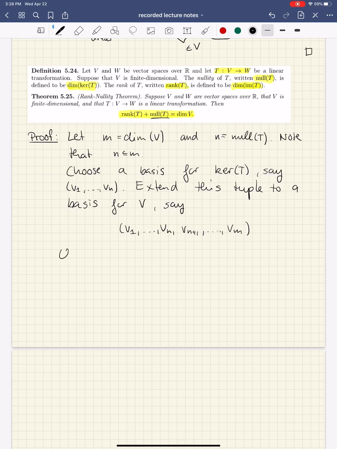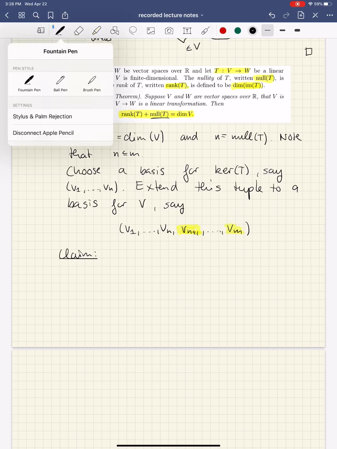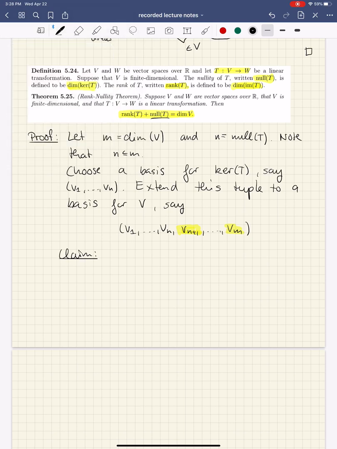Now we claim the following. What we do here is apply the linear transformation to these extra vectors in the basis. And we want that this corresponds to a basis of the image. In this case, the equality above holds because n is the size of a basis for the kernel, meaning n is the nullity, and then this corresponds to the size of a basis of the image.